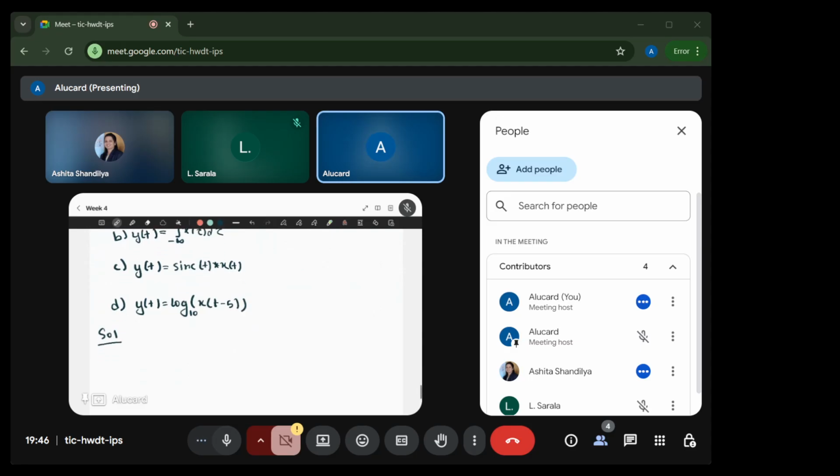Now, suppose the input x1 of t results in the output y1 of t, and the input x2 of t gives you the output y2 of t.